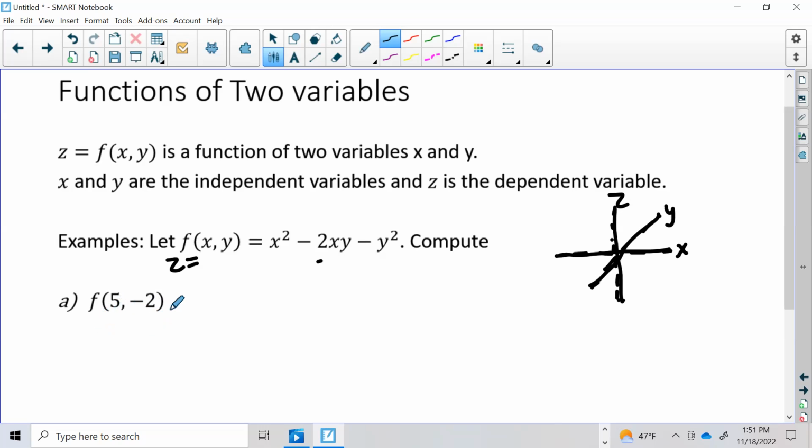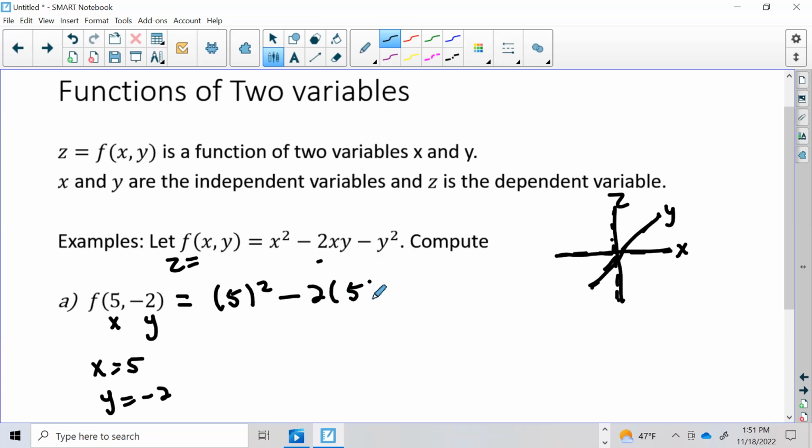So when it says f of 5, -2, my first coordinate is x. That's how they defined it. And my second coordinate is y. So x is 5 and y is -2. And we're just going to substitute that into our function and evaluate it to find the f value or that z value at this point.